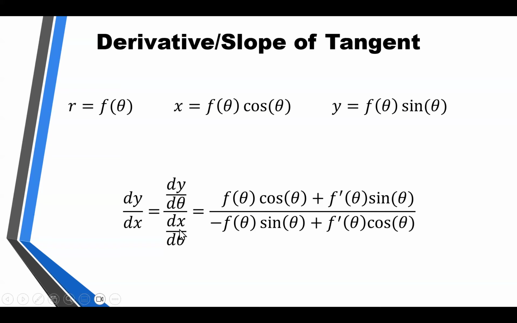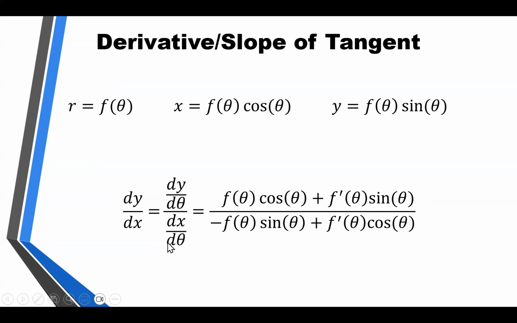In the denominator, we're going to do the exact same thing. We're going to use the product rule, but this time on the x. So normal f times the derivative of cosine is f times negative sine. F prime times normal cosine is f prime times cosine.